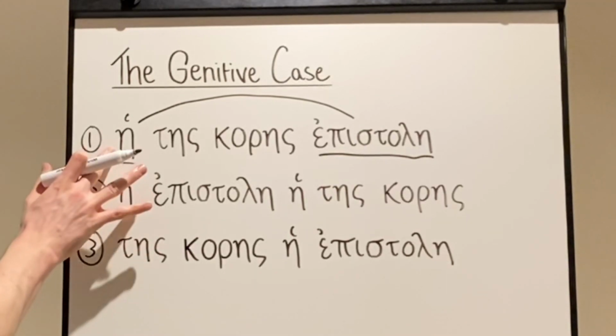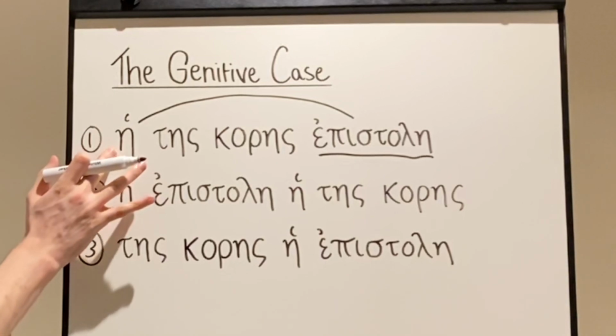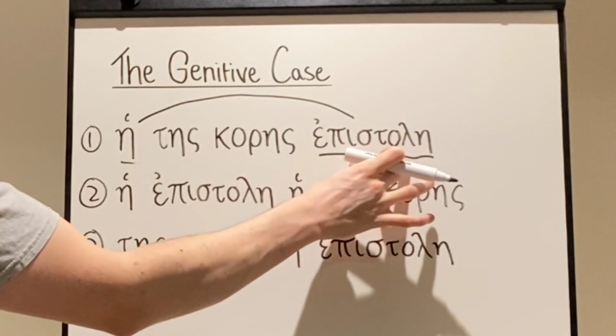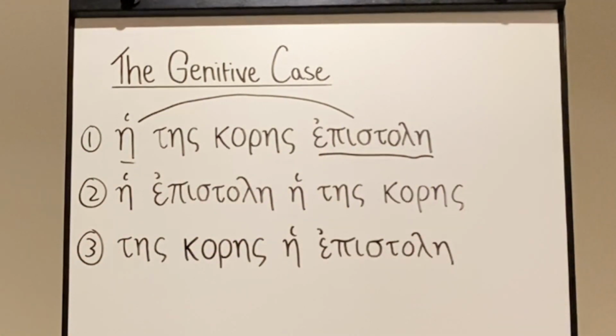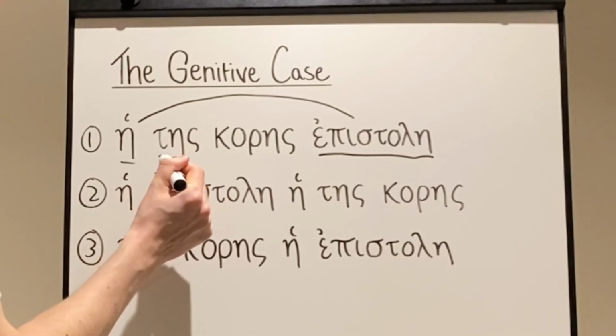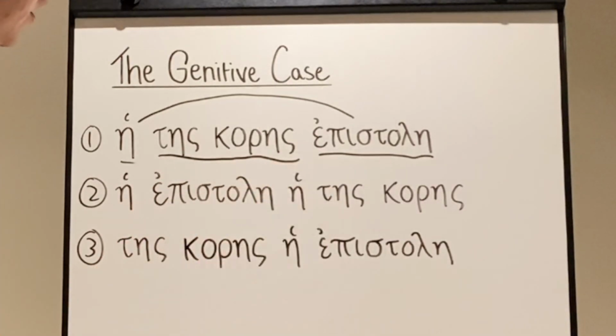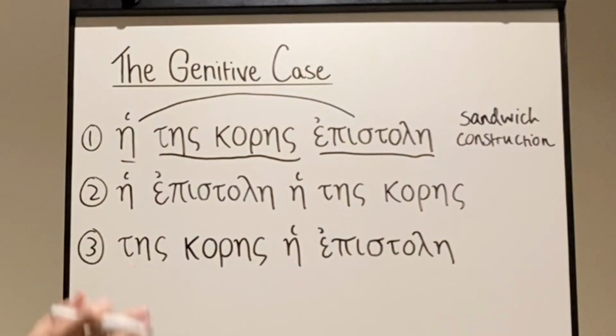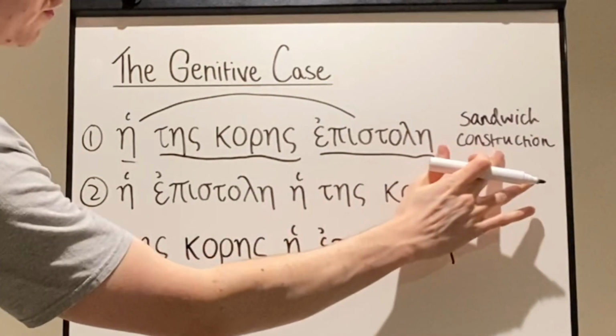So you know that this feminine nominative singular definite article would have to be going with this nominative noun. Whereas you've got this genitive phrase, tēs korēs, shoved in the middle. I should say sandwiched in the middle, really. So the first one was the sandwich construction.